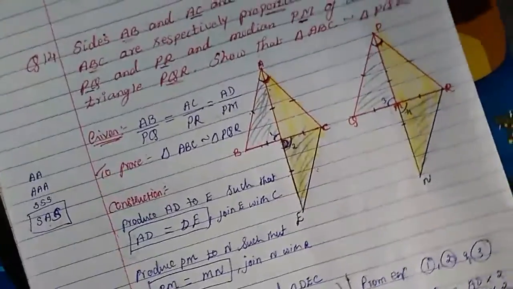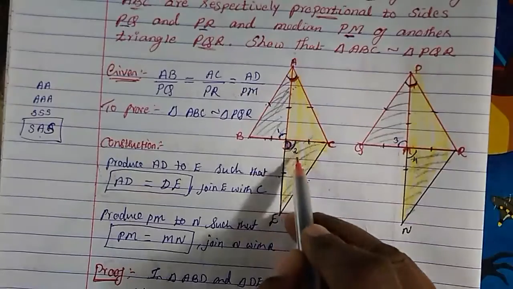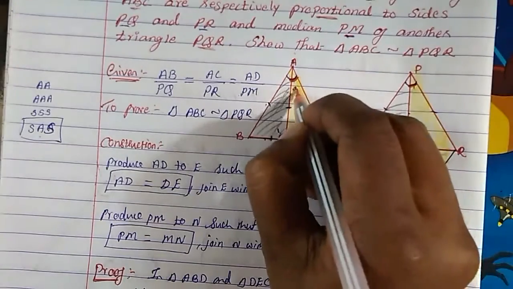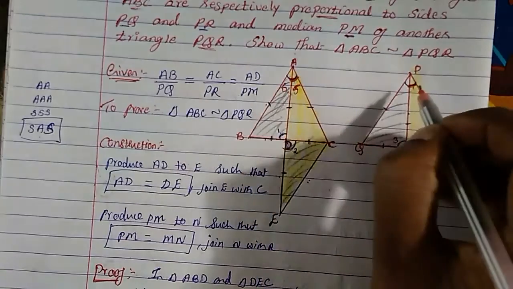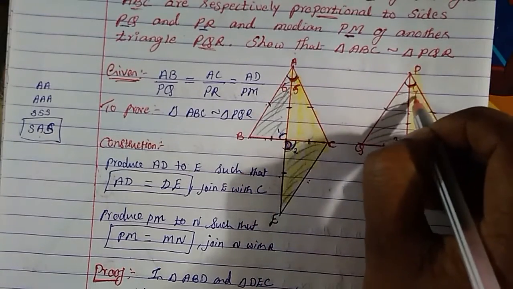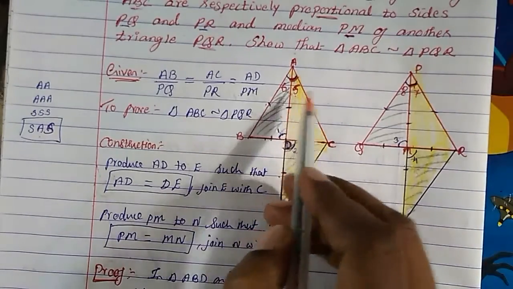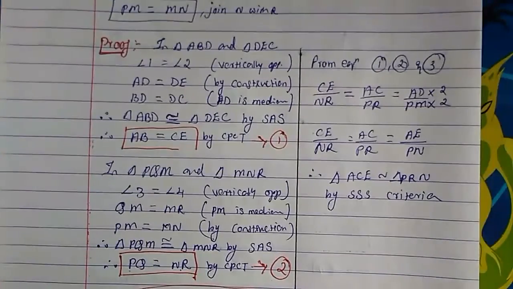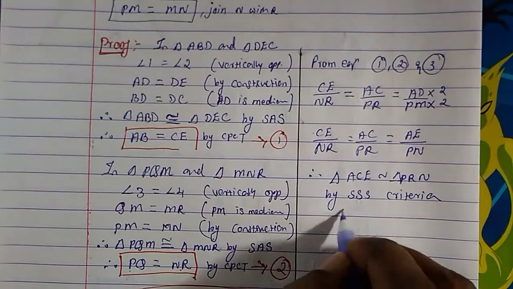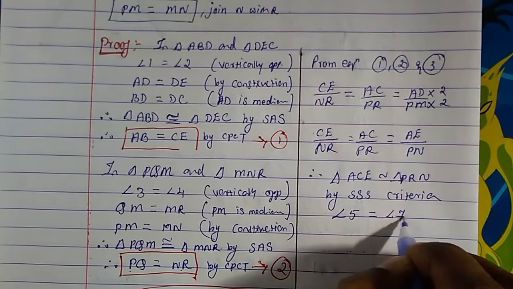We already have angles 1, 2, 3, 4, so let's name this as 5, this as 6, this as 7, and this as 8. Then angle 5 will become equal to angle 7.